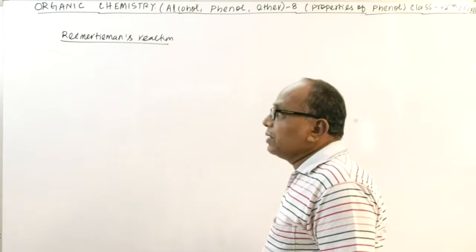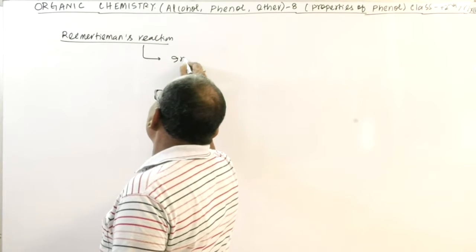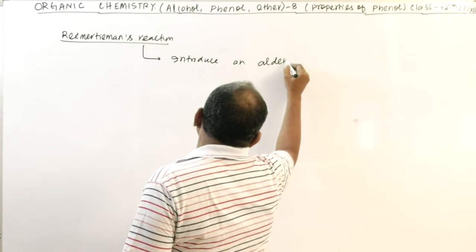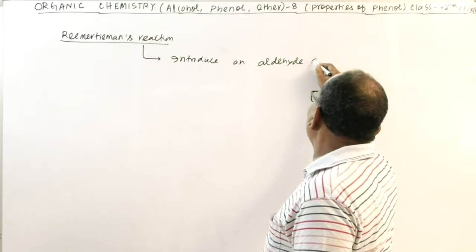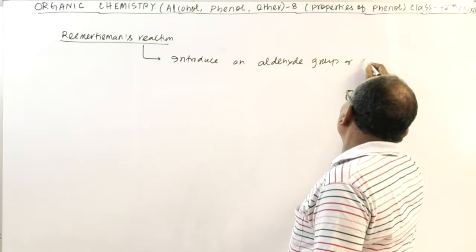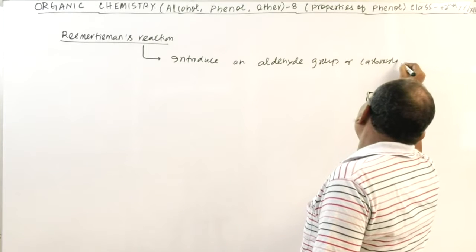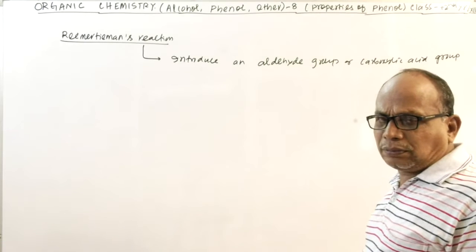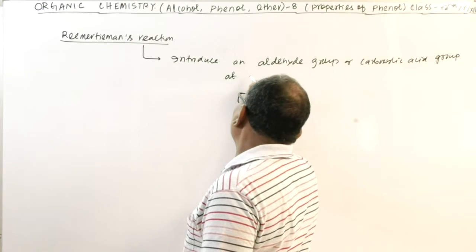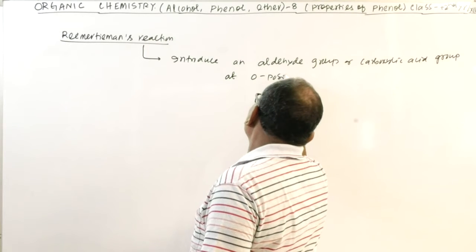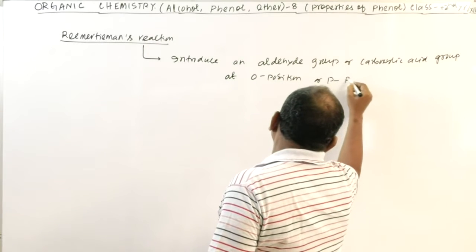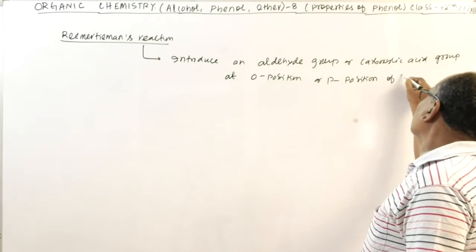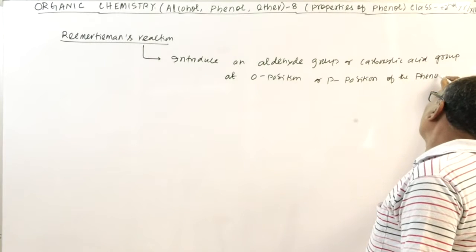In the Reimer-Tiemann reaction, you can introduce an aldehyde group or a carboxylic acid group at the ortho position or para position of the phenol.